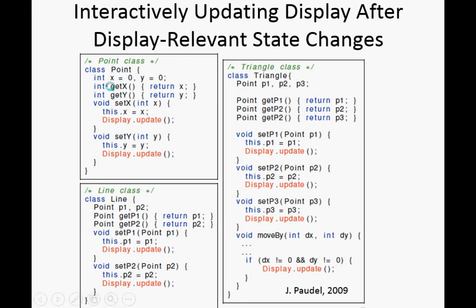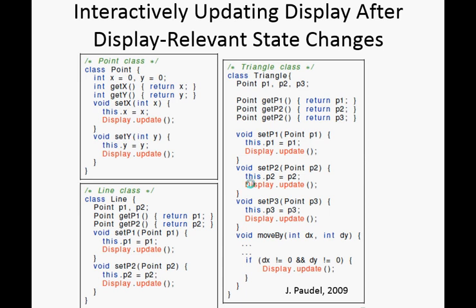Okay, now you can imagine if we're dealing with this in a graphical context, we might need to, when we're setting the location of a triangle, moving it, or setting the points associated with a line, or updating the values of points, give some visual feedback that displays the new update for the points, the new location of the points.